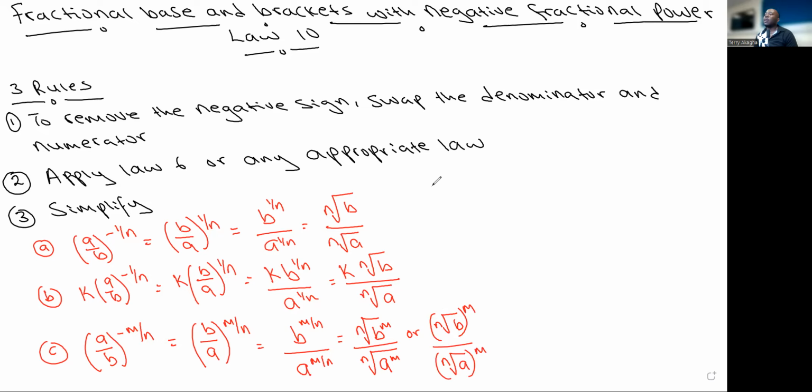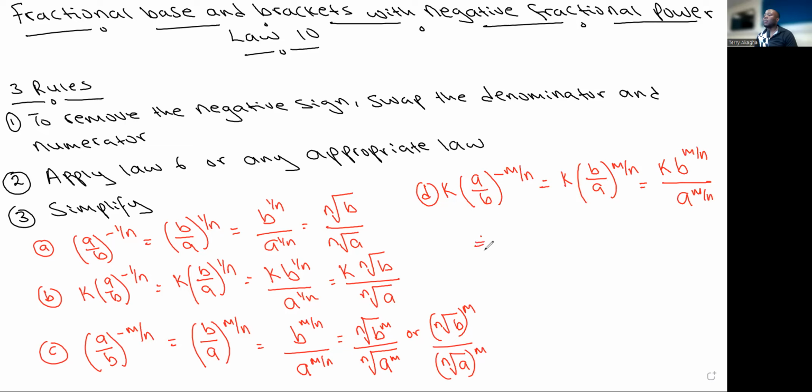Then also, if you have a constant like this, with minus m over n, it's going to be the same thing. You flip it, so it's going to be k, b over a to the m over n, and that gives us k b^(m/n) over a^(m/n).